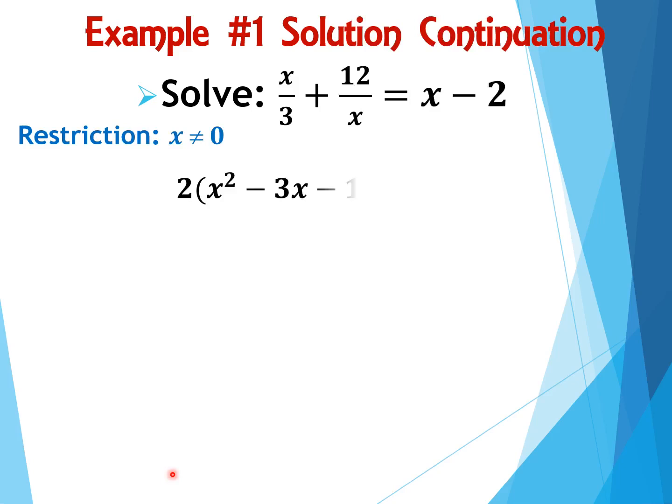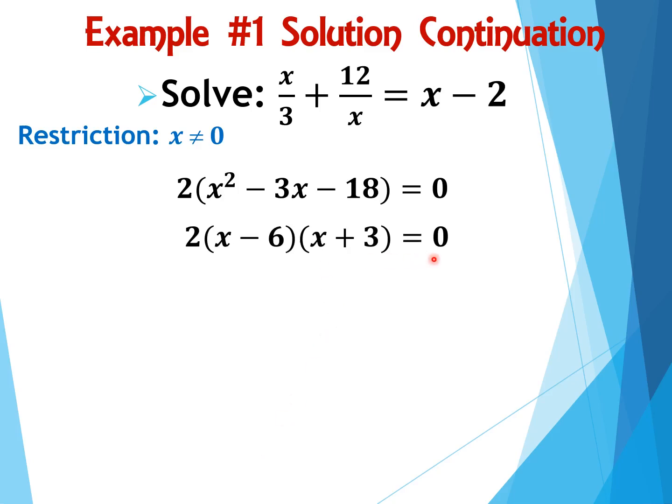Okay, let us continue here. We still factor x squared minus 3x minus 18. This is quadratic, so we will have two binomials as the factors. That will give us 2 times the quantity x minus 6 and x plus 3 is equal to 0.